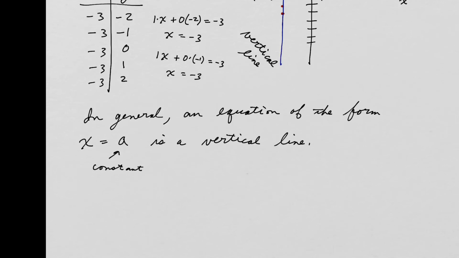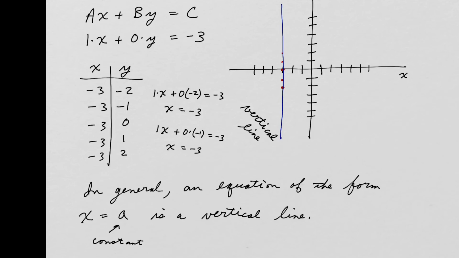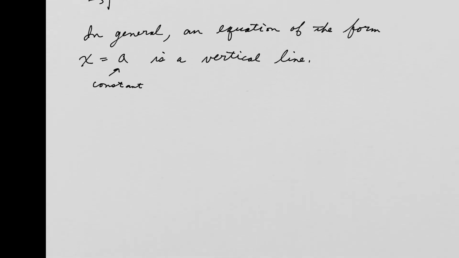Another thing we can do is we can compute the slope of this line, right? So let's choose 2 points. Let's say -3, 2, so this point, and then -3, say -1, this point. And let's calculate the slope based on those 2 points. Let's see what the slope of a vertical line is.